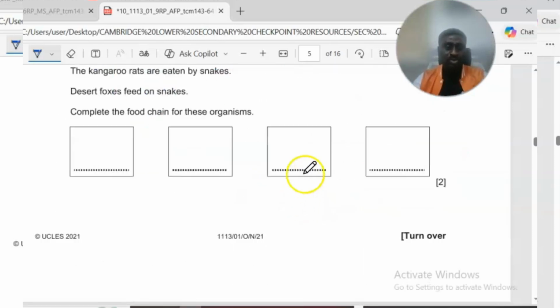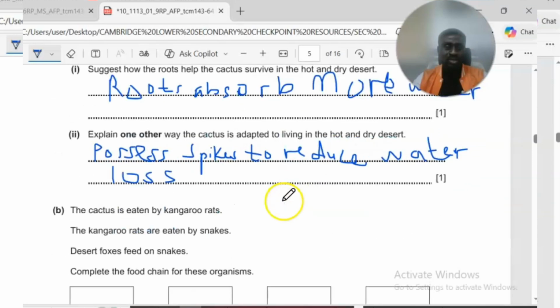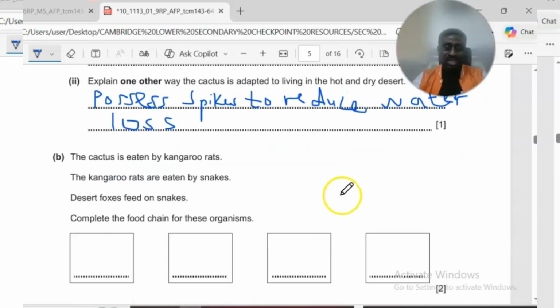Then the B part of the question reads, the cactus is eaten by kangaroo rats. The kangaroo rats are eaten by snakes. Desert foxes feed on snakes. Complete the food chain for these organisms. In every ecosystem, there is the interaction and interdependence between 2 or more organisms in the feeding chain or the trophic level of the ecosystem.